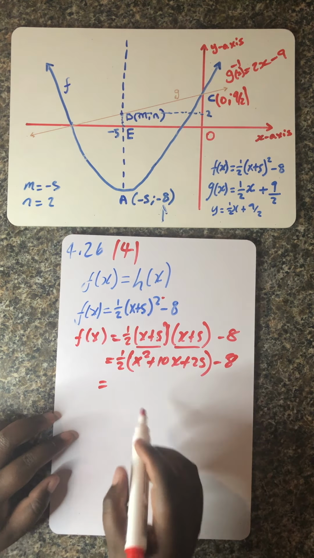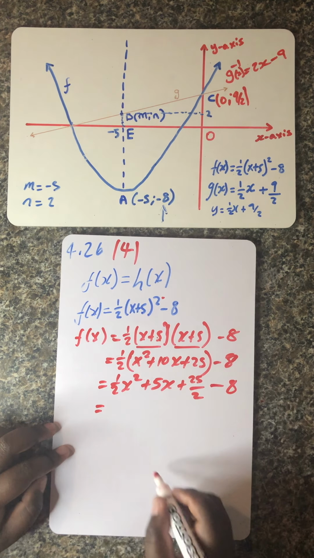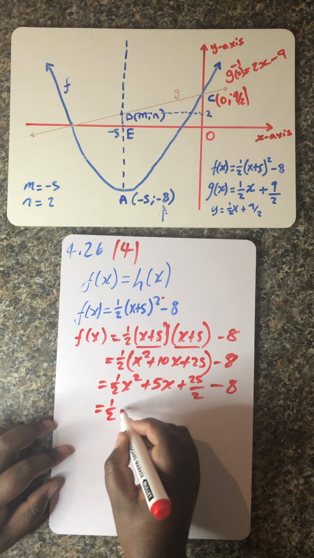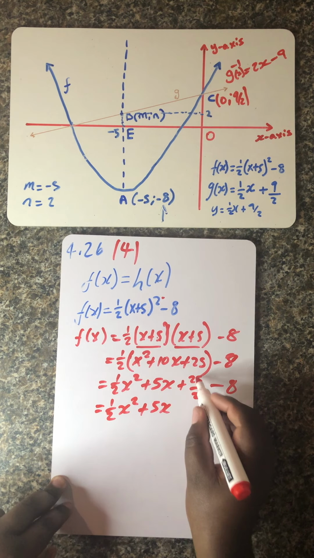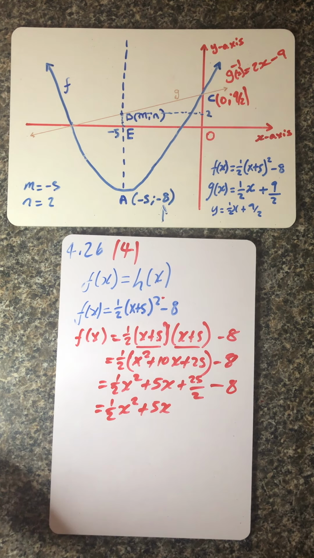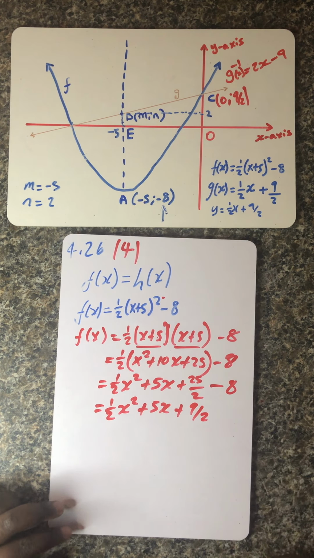So now let's multiply everything by half. That means we have half x squared. This times this, half of 10 is 5x. Half of 25, you can just write it as 25 over 2, and then you can subtract 8. Okay, so you are remaining with half x squared plus 5x, 25 over 2 minus 8, which equals plus 9 over 2.